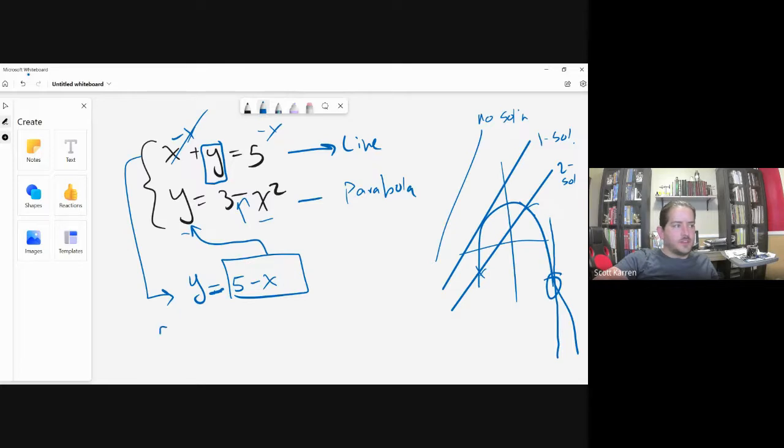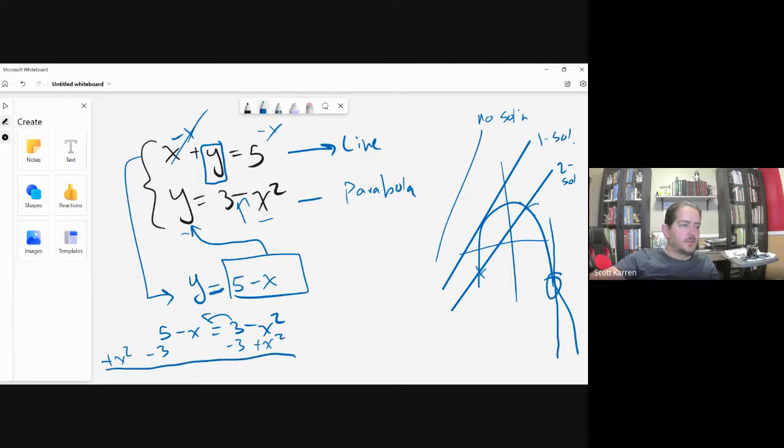So that gives me 5 minus x equals 3 minus x squared. Once again, I've eliminated the y. It's all in terms of x now. And so I need to just solve this. So I'm going to drag everything to the left-hand side by subtracting 3 and adding x squared.